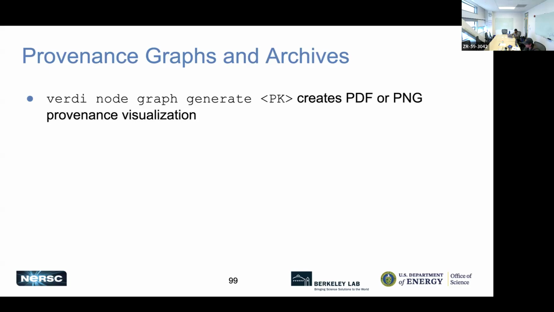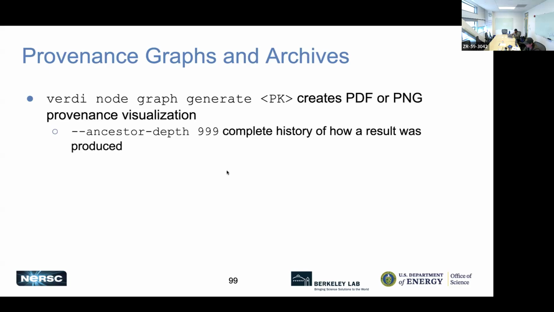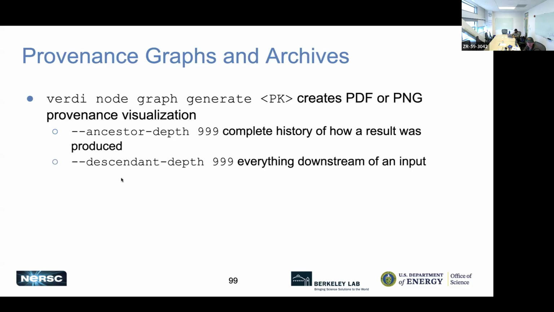Okay, so we already mentioned the node graph generate, and the third example is going to give you an instance of actually using that. Ancestor depth 999, like just show me everything that went into how this result was produced. Descendant depth, that's how you give it specification in the other direction.